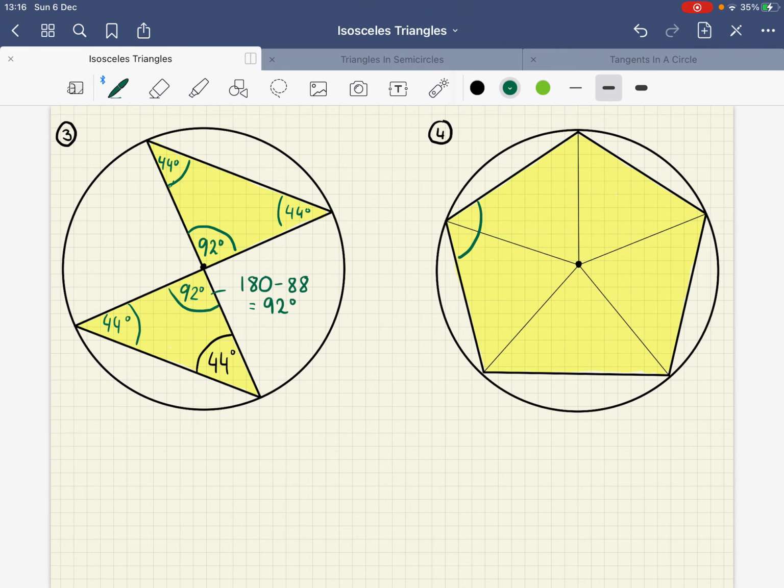All I need to do to figure out what just one little bit here is, I take my 360 and I divide it by 5. So I'm going to do 360 divided by 5, and that's going to give me 72 degrees.